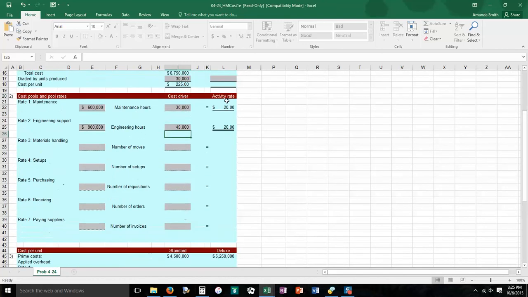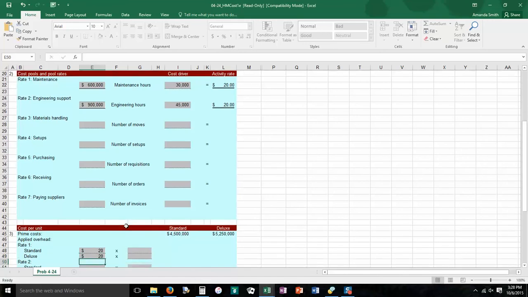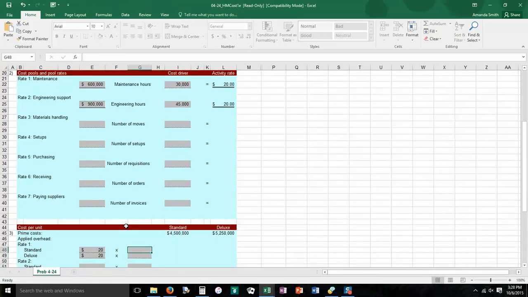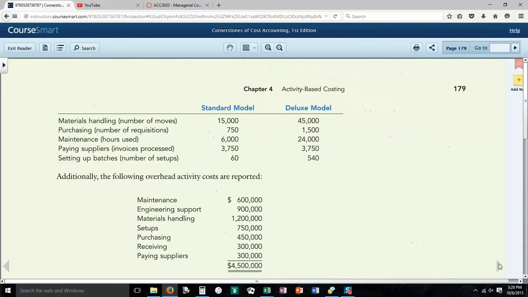And then you're going to use the activity rate information. Okay, for this last part, we're going to take the hour. So in this case, for this first one, it's going to be $20 an hour. And then you're going to use the amounts given in the book. So for maintenance hours used for the standard model, it's 6,000.